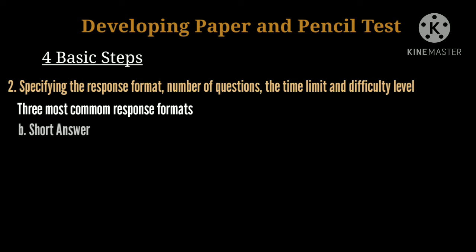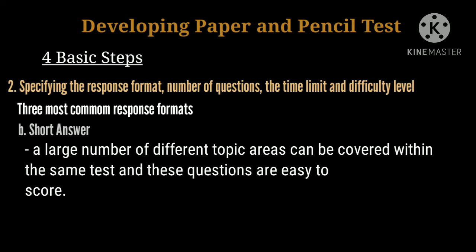Next, letter B, short answer. With a short answer response format, a large number of different topic areas can be covered within the same test, and these questions are easy to score. In addition, less time is required to write these questions compared to multiple choice ones.